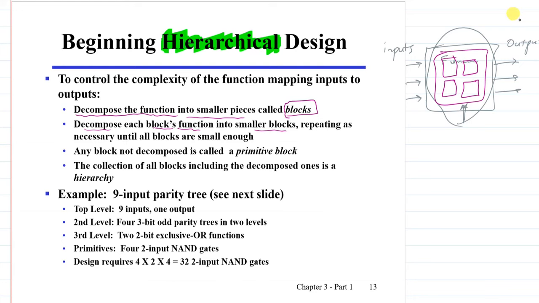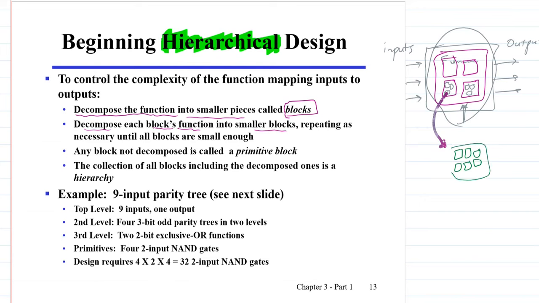So let's assume that we have this block over here. We decompose it into smaller ones, and we do it to all the other ones as well, and we keep going on. Even these small blocks that we have here, we'll try to decompose into even smaller ones.